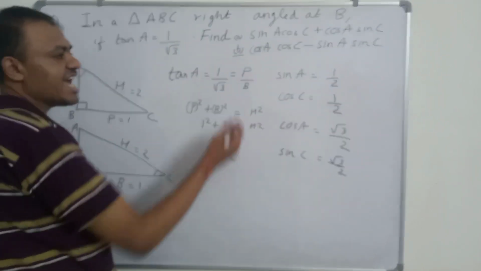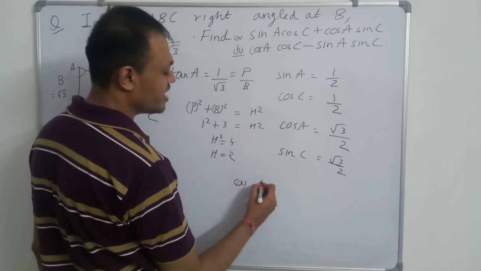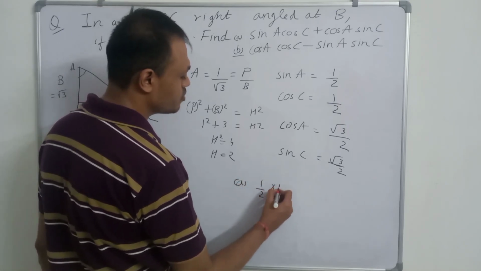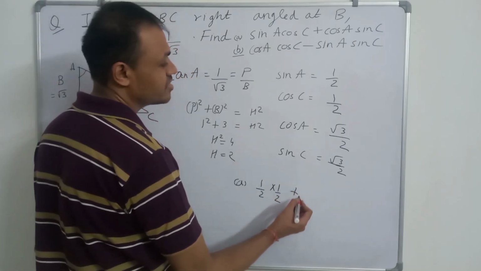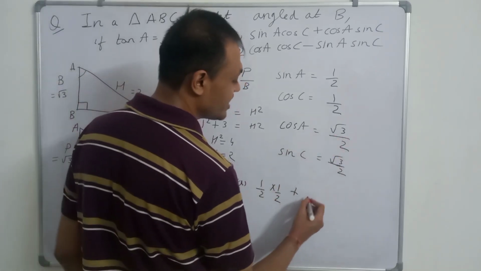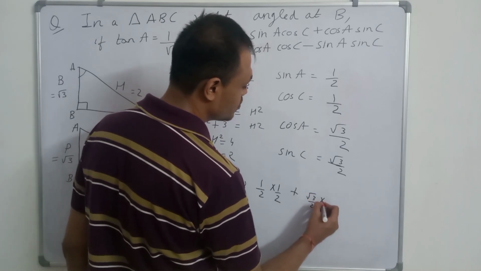So for the first, sin A into cos C is 1 by 2 into 1 by 2 plus cos A into sin C. Cos A is √3 by 2 and sin C is √3 by 2. So it will be √3 by 2 into √3 by 2.